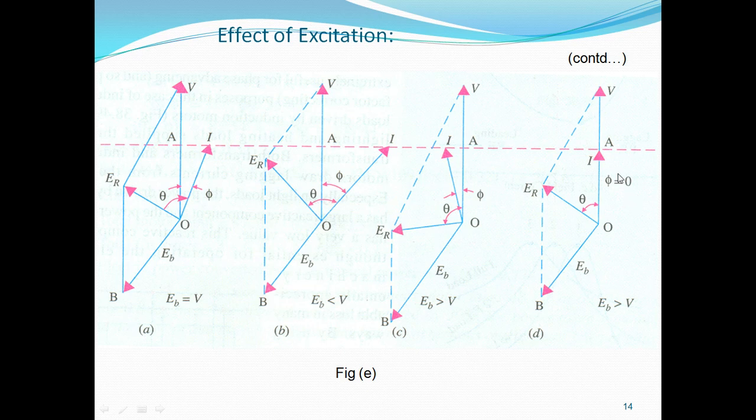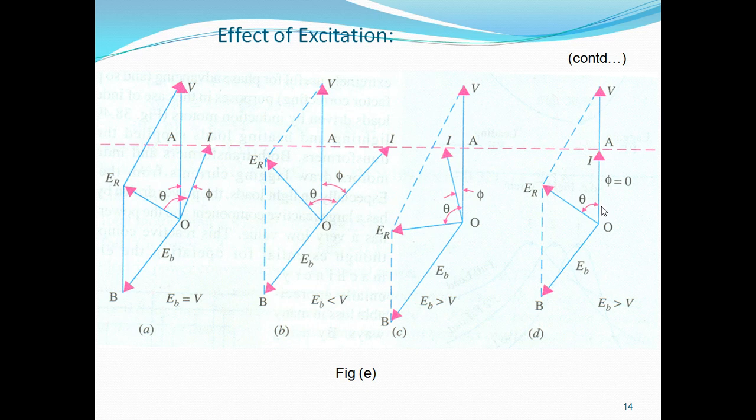Phi is equal to 0. Why? Because both are in phase with each other. This is called unity power factor. So what do you understand from this? We can understand that as excitation changes, the power factor of the motor also changes. The excitation corresponding to unity power factor is called normal excitation.